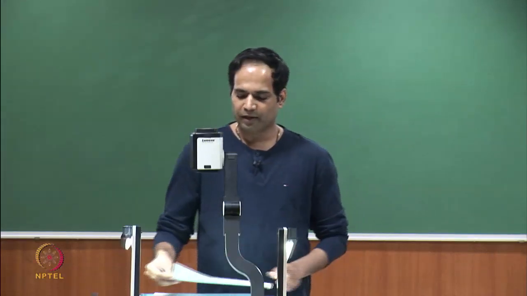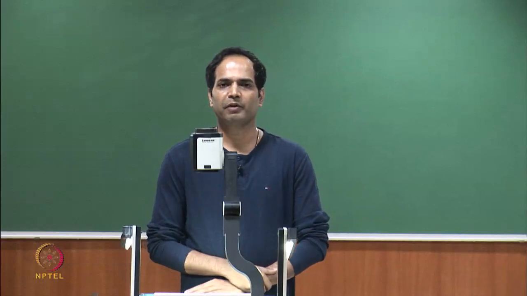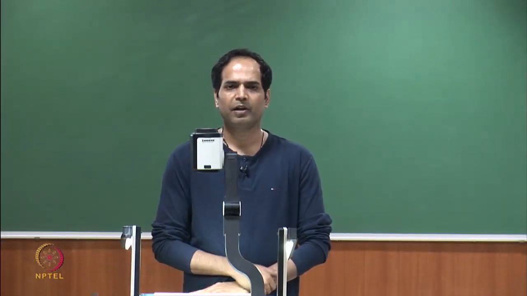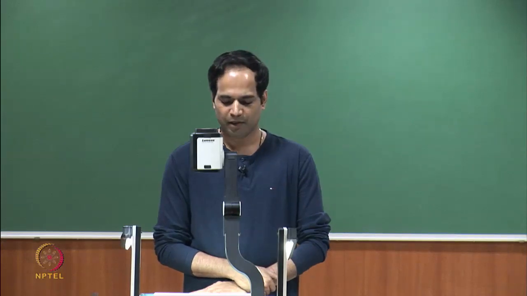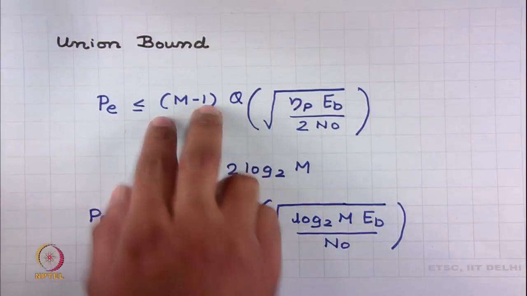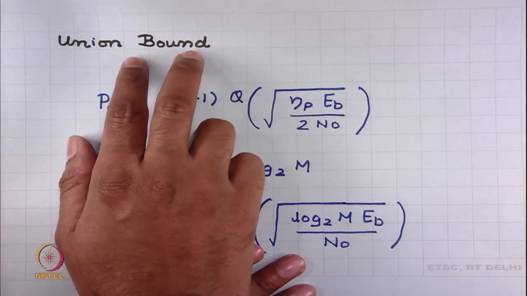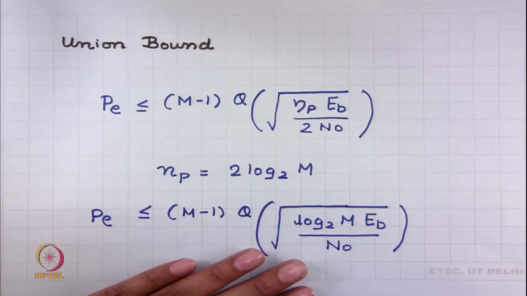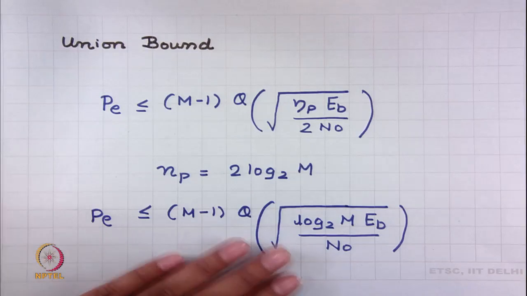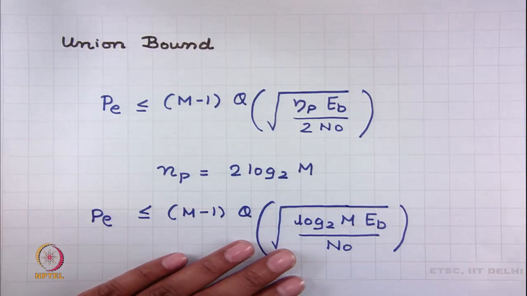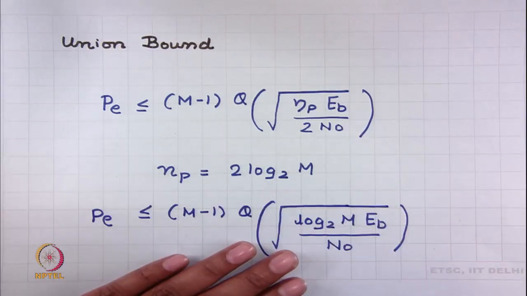So, do we have to live with such complicated probability of error and probability of being correct formulas? No, you also have the union bound in this case. The union bound is the same as the intelligent union bound, which is the same as the nearest neighbor approximation for the orthogonal modulation scheme. Okay, this is one and the same thing, both lead to the same result, because all signals are equidistant from each other.